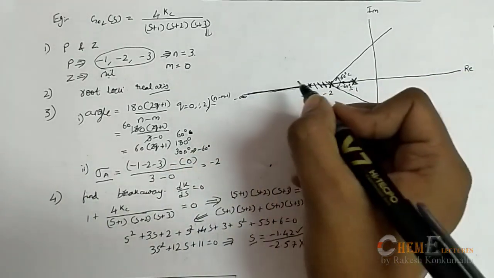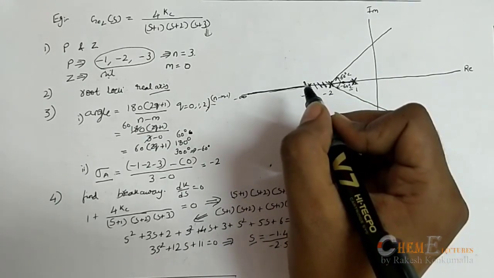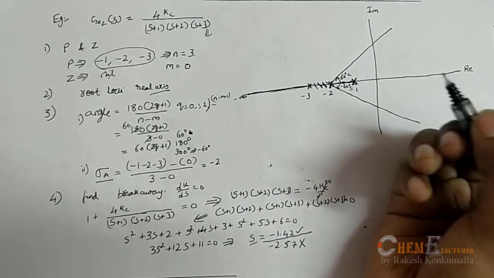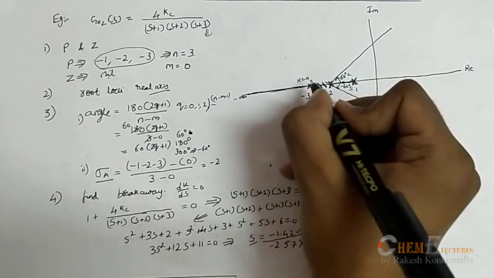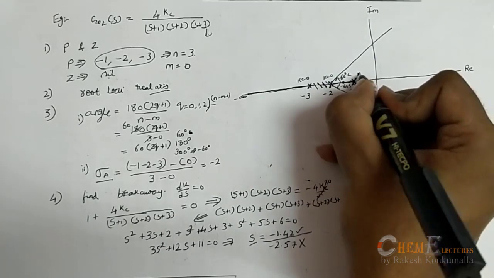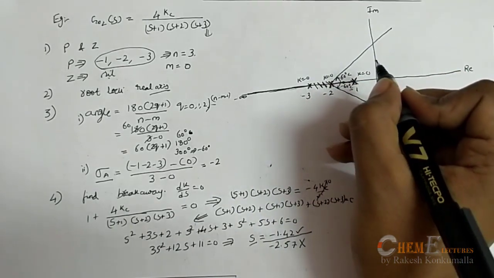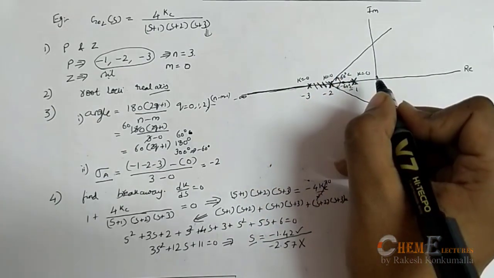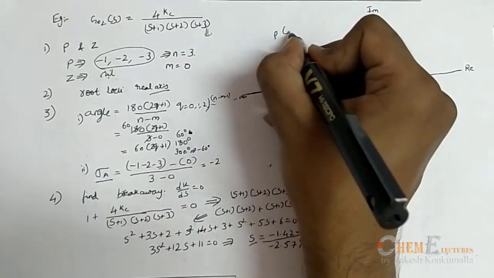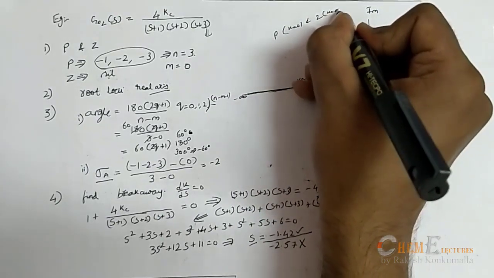This is the third asymptote angle, minus 180, sorry, plus 180 degrees. At the poles, I told you k is equal to 0. Now if you remember the second point which I discussed in the rules, that root loci originates from poles, that is k equal to 0, and terminates at zeros, k equal to infinity.